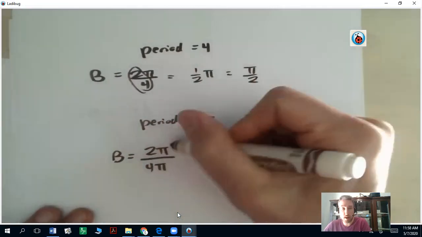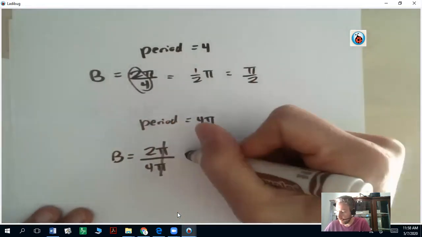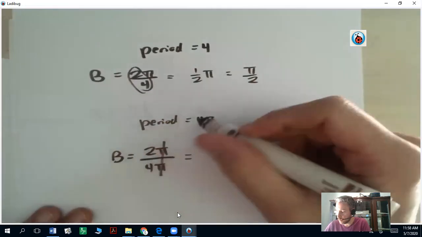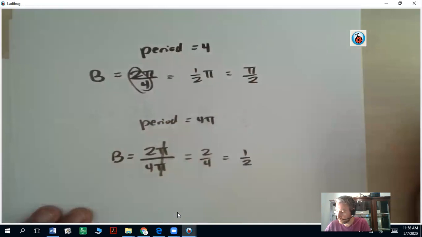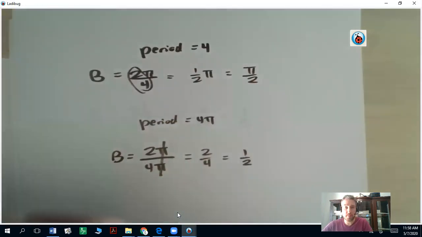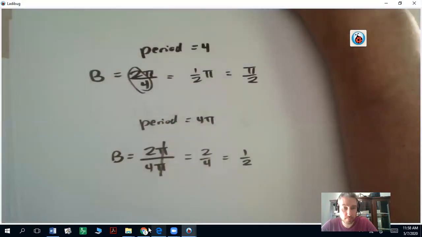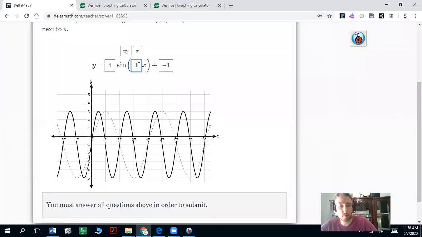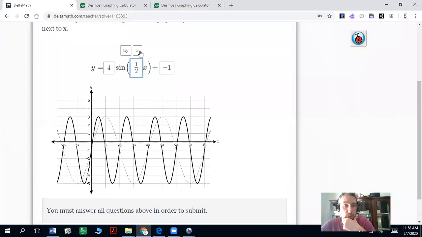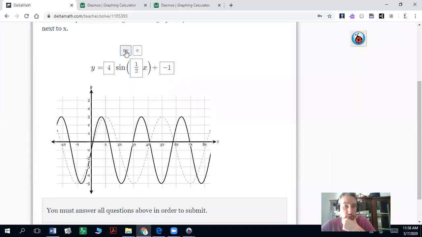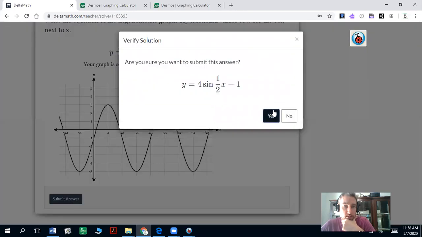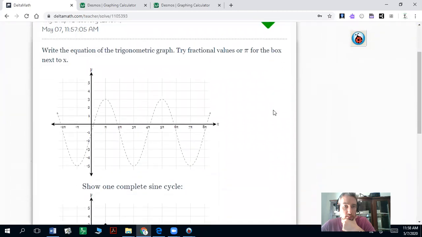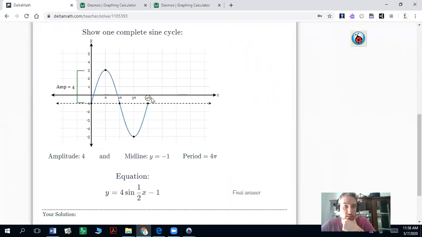Well, in this case, it has a pi in the period, so that'll cancel out, and that'll be 2 over 4, which is 1/2. So b in this case is 0.5 or 1/2. We'll just write 1 over 2. Click try and see what it does. And it matches. Nice.